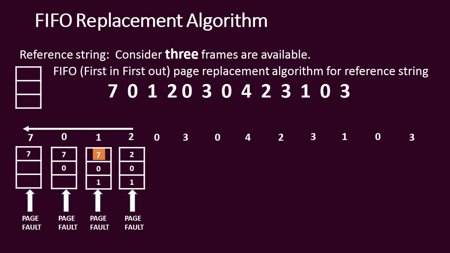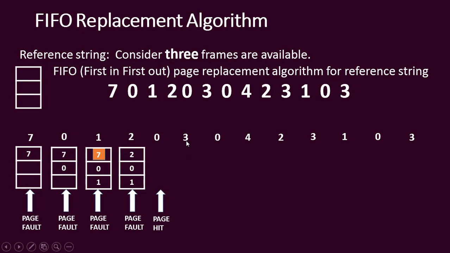Now next consider 0. As you can see, 0 is already present, so this is a condition of page hit, and the CPU will get its desired page. Now consider the next page, that is 3.